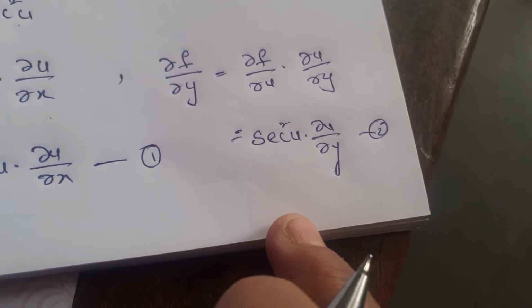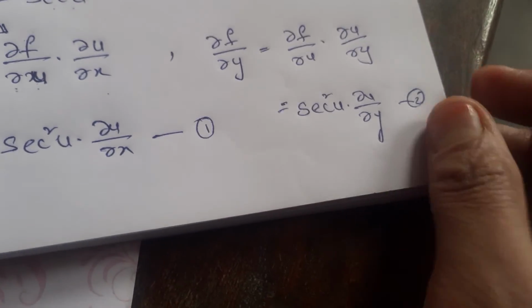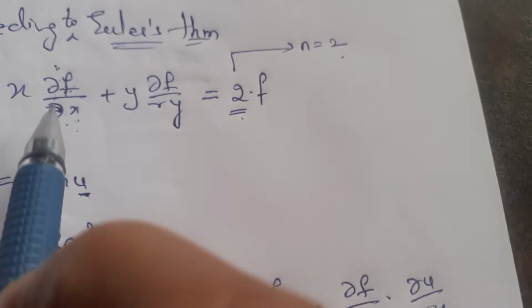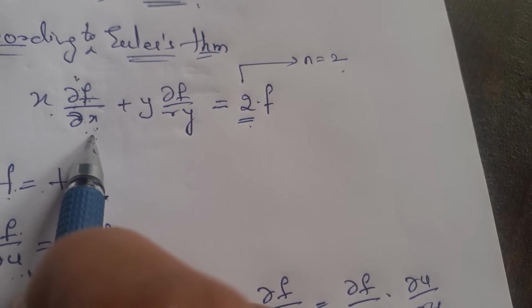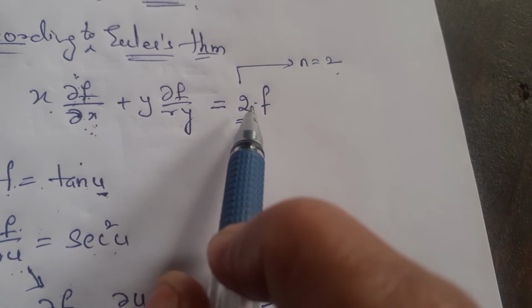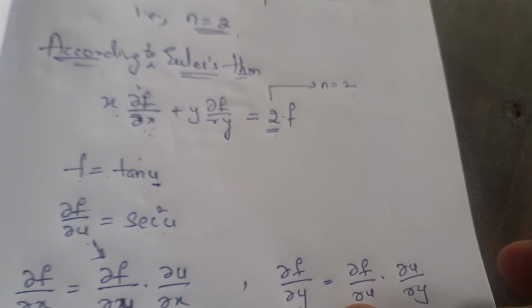So where do I have to substitute this? In our Euler's theorem equation. What is our Euler's theorem equation? x ∂f/∂x plus y ∂f/∂y is equal to 2f. I am substituting this part here.